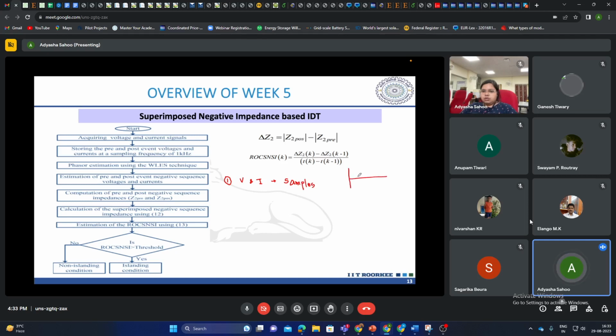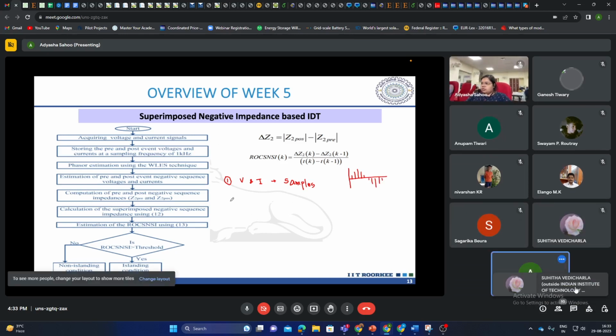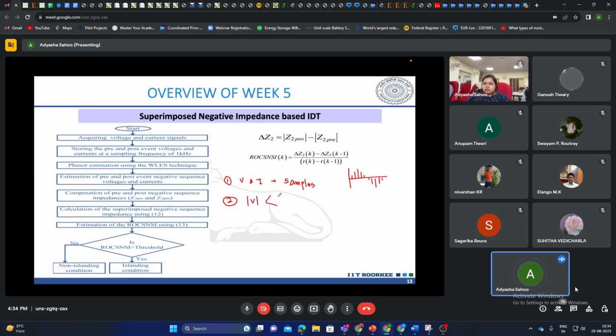We will have certain samples, and using these samples we'll calculate the magnitude and angle, basically the phasor quantities.